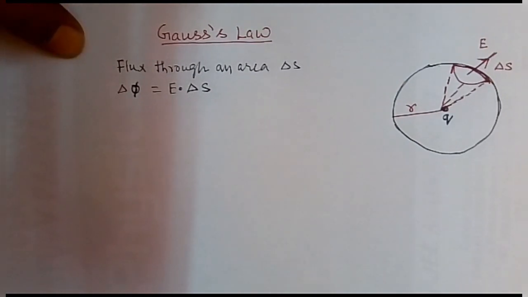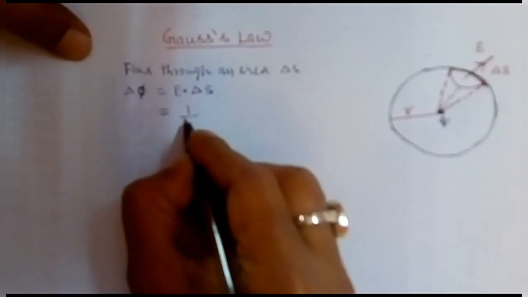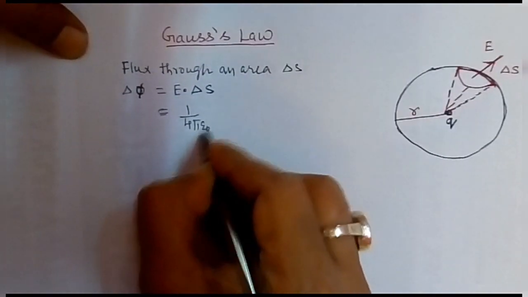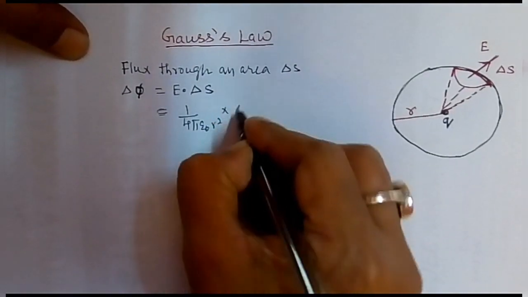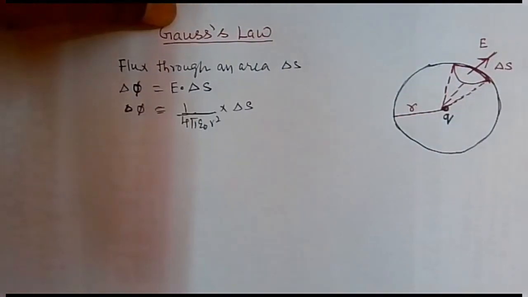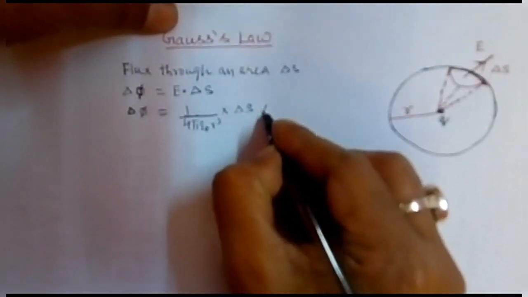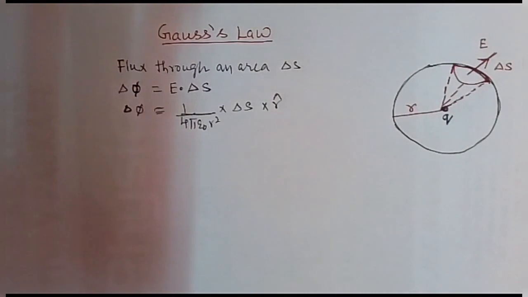So we can write it as 1 by 4 pi epsilon naught r square into delta S. We can also multiply a unit vector r cap. This unit vector is nothing but the direction from the center of the sphere radially towards the area element del S.